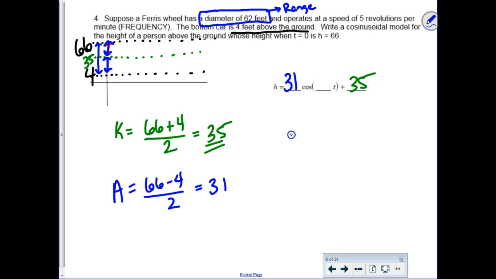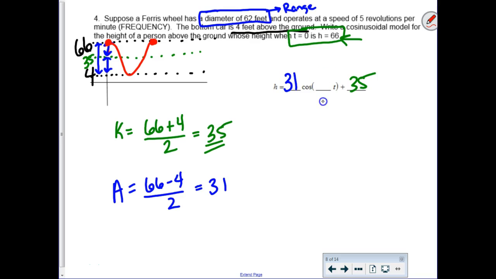Now, what is going on here? It says there's one last clue you need to consider, guys. At time of 0, you're going to start at a height of 66. Oh my gosh, that would have been really good to read right at the beginning of my problem. I should have started there. That's why they're making me do a cosine function. Okay? Because if we're starting at the top for time of 0, that's indicative of a cosine.